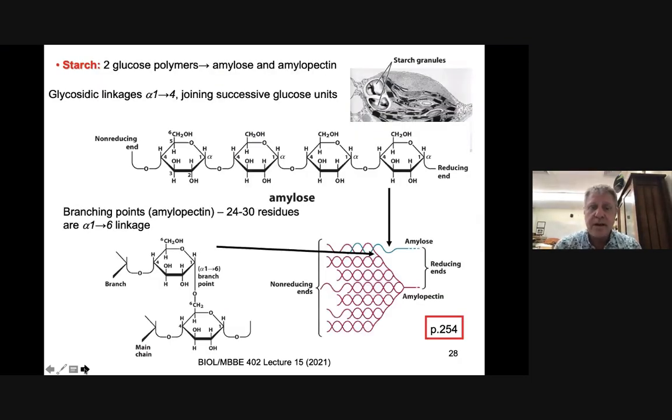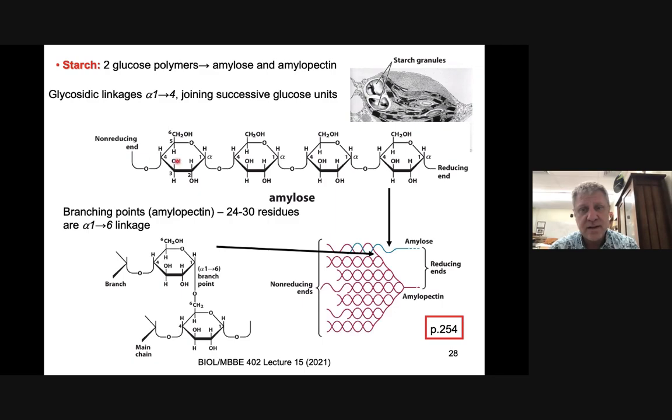So when we have a look at glycosidic linkages, in this case amylose, we have basically a homopolysaccharide of glucose, and it has an alpha 1,4 linkage as it is illustrated here.